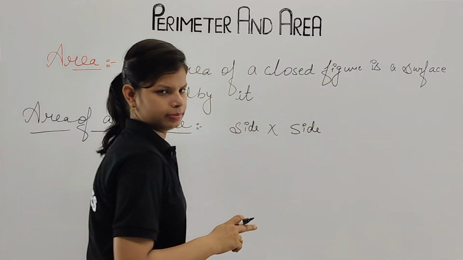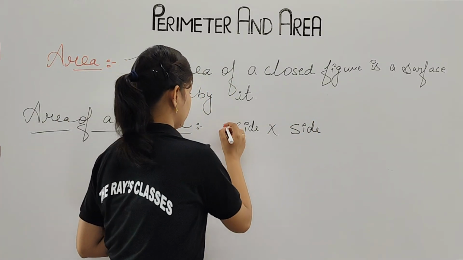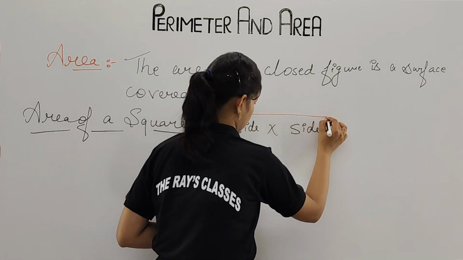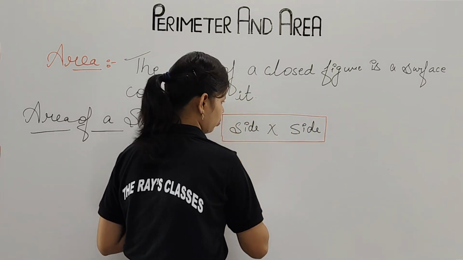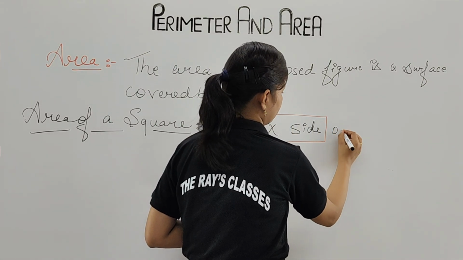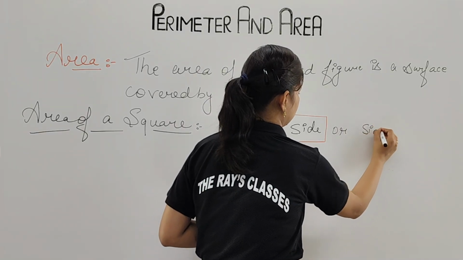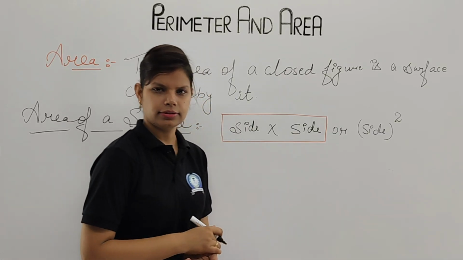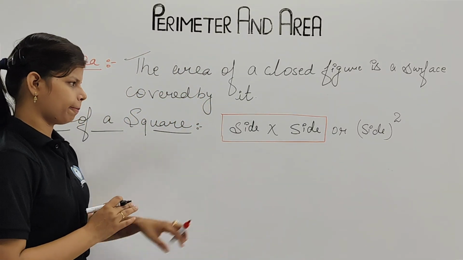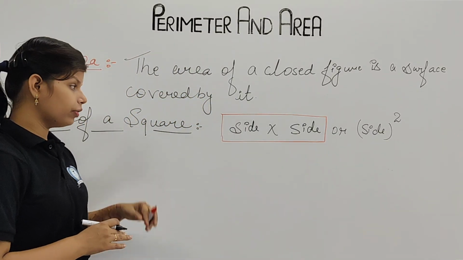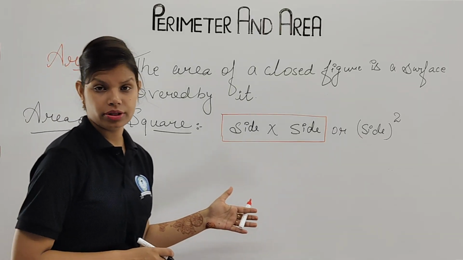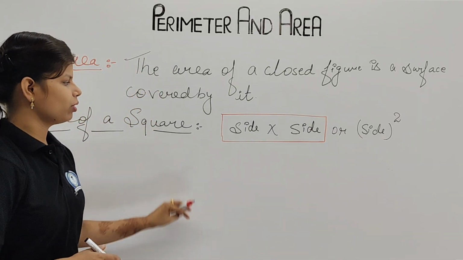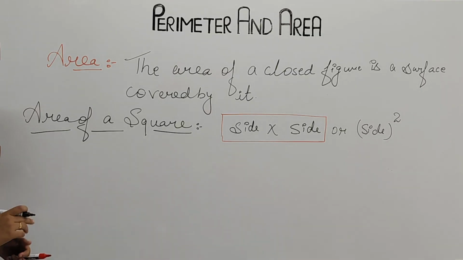This will be the formula. You can underline it as well. Or it can be written as side square. Clear? It can be written as side squared. As I explained about the grid previously, here also we are going to solve. So let's write the formula of area of square.